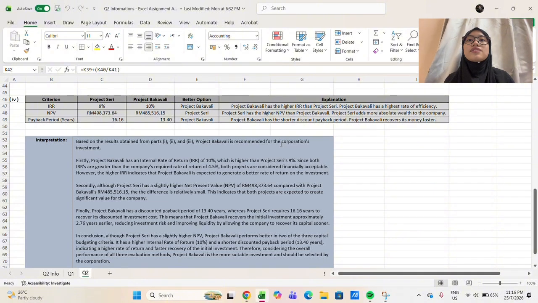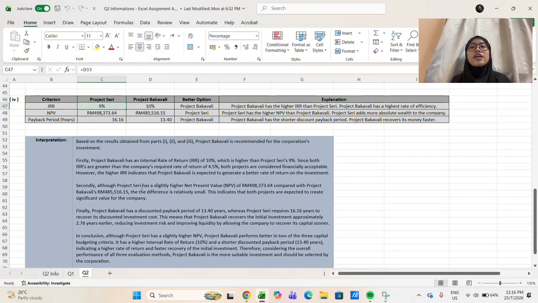Firstly, the IRR is 10% for project Bakavali, which is higher than project Zairi. Since both IRRs are greater than the company's 4.5%, both projects are considered financially acceptable. However, the higher IRR indicates that project Bakavali is expected to generate a better rate of return.